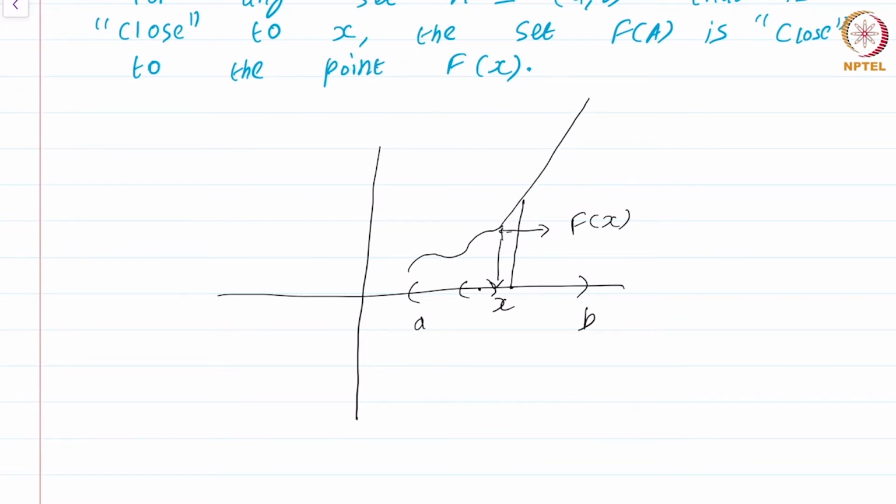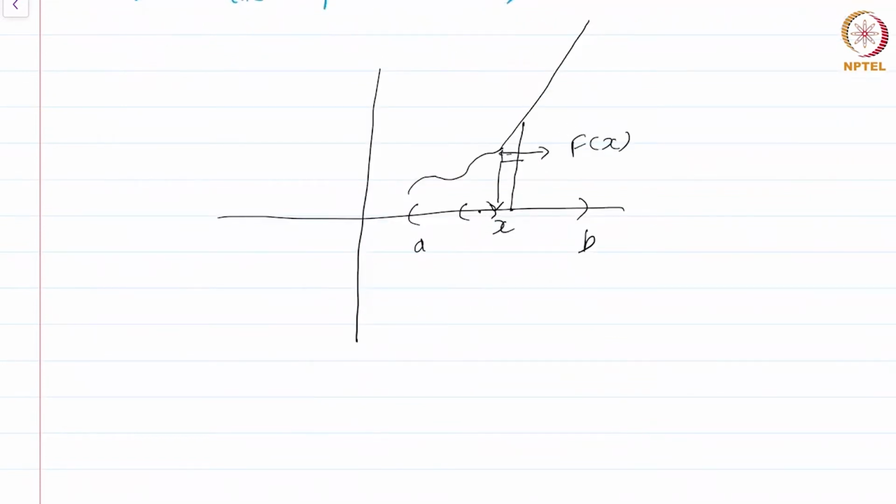Okay? So what we are really interested in is not just what happens to f(y) when y is near x, but in actuality what happens to f(y) when y is infinitesimally close to x.